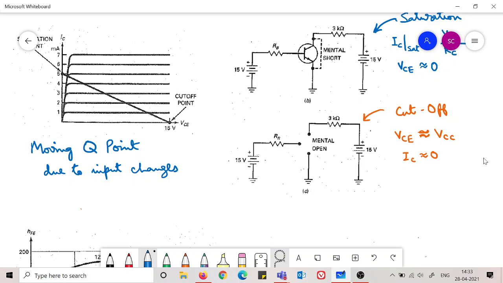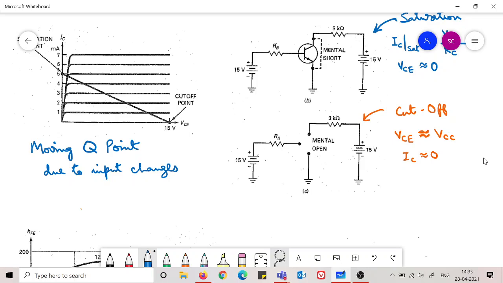The common emitter configuration does not produce a reliable amplifier circuit. What is produced very reliably?